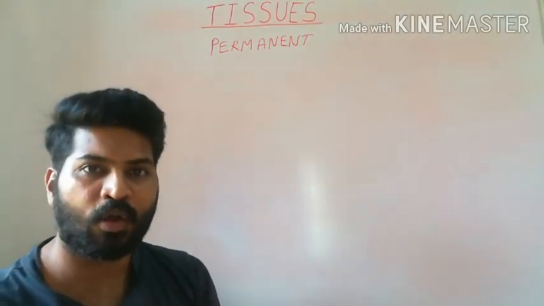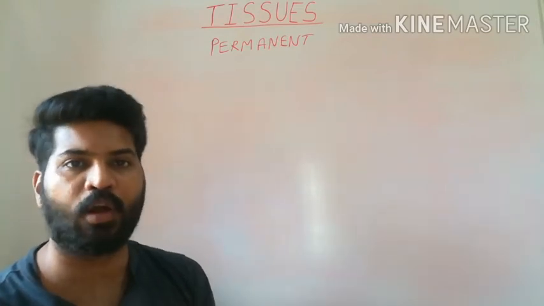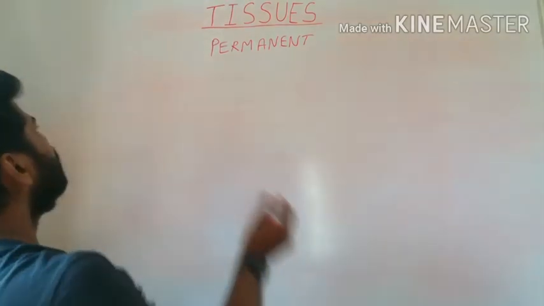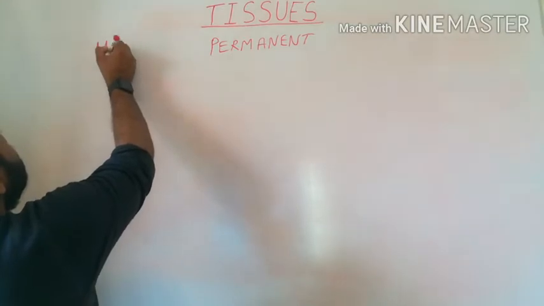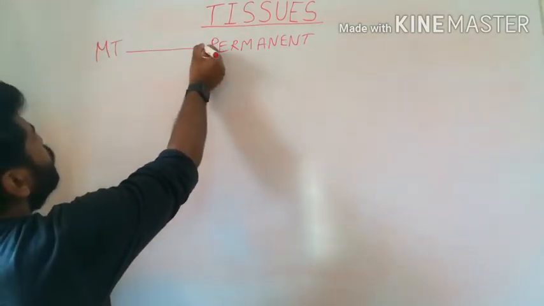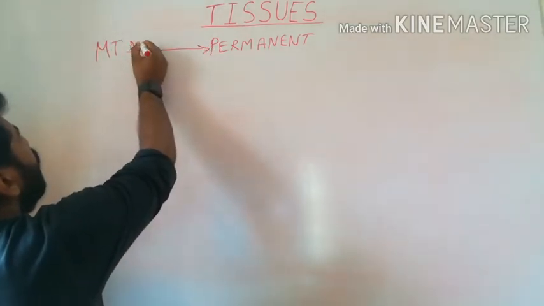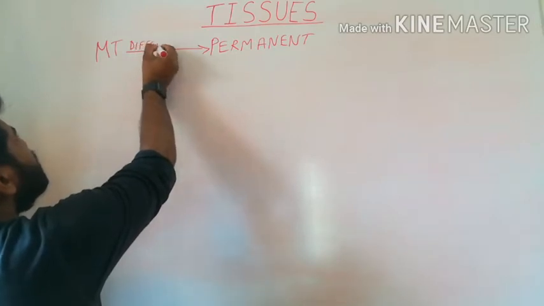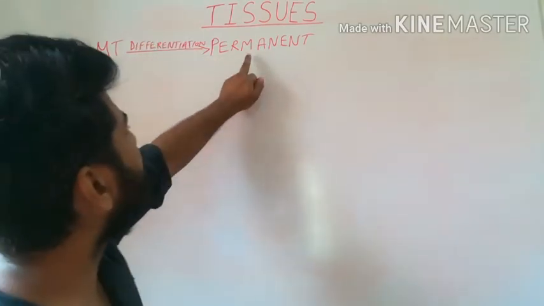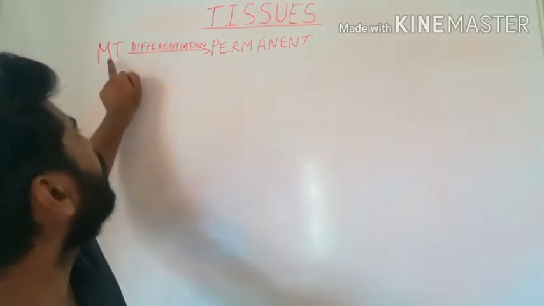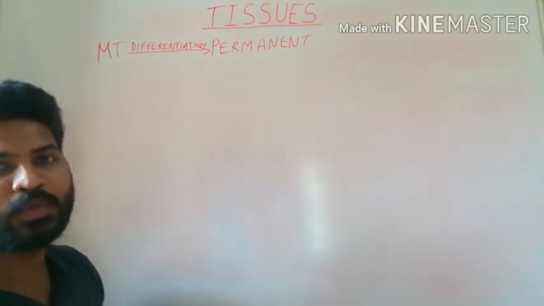This process of transformation of a meristematic tissue into a permanent tissue is called differentiation. They become different from the meristematic tissues. How?